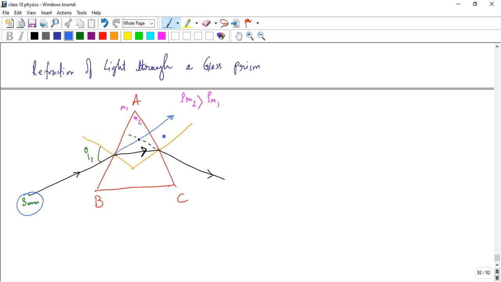But because of the triangular glass prism, there is bending, and the path is deviated, a huge deviation here. That angle is called delta, the angle of deviation.